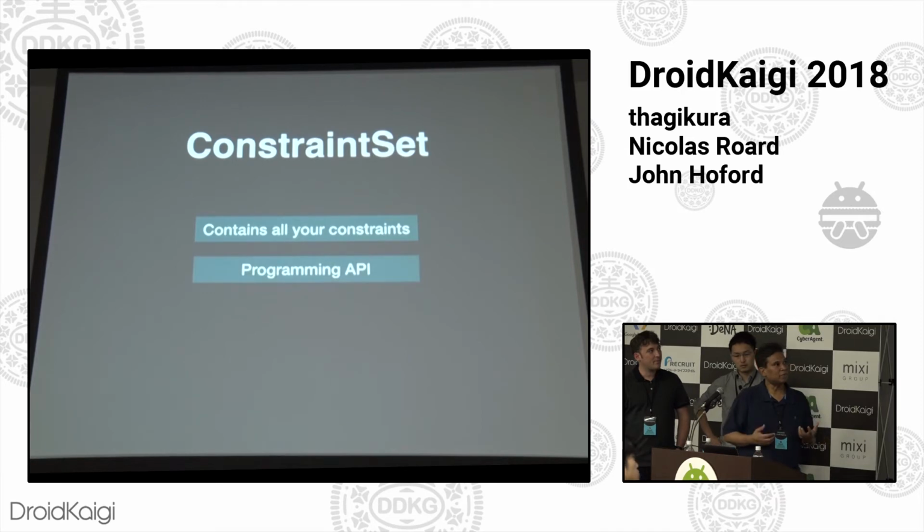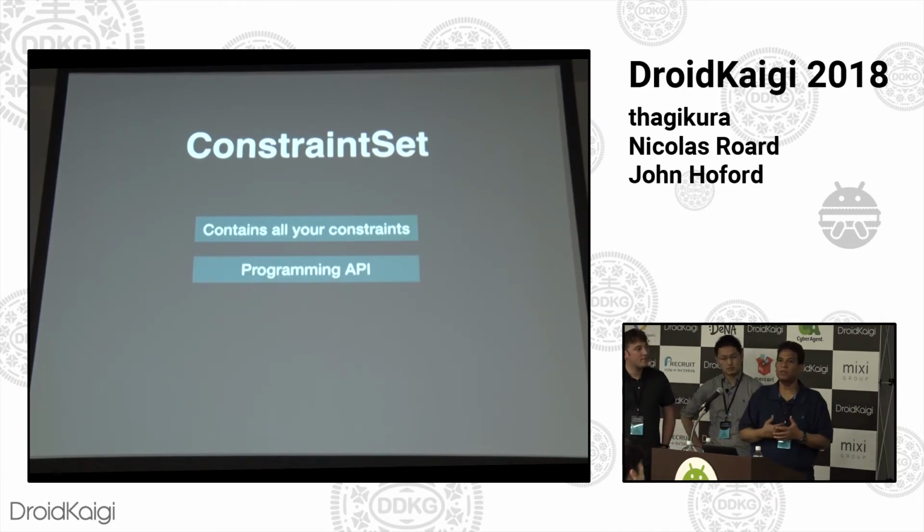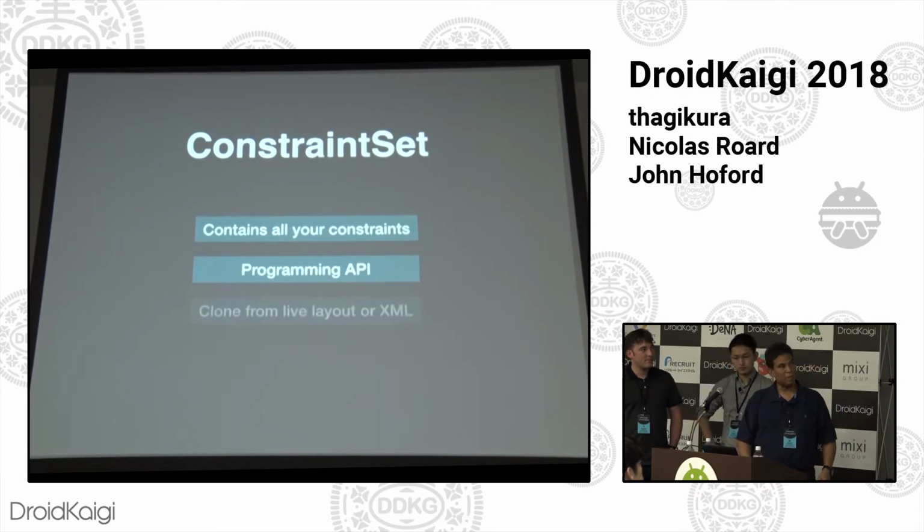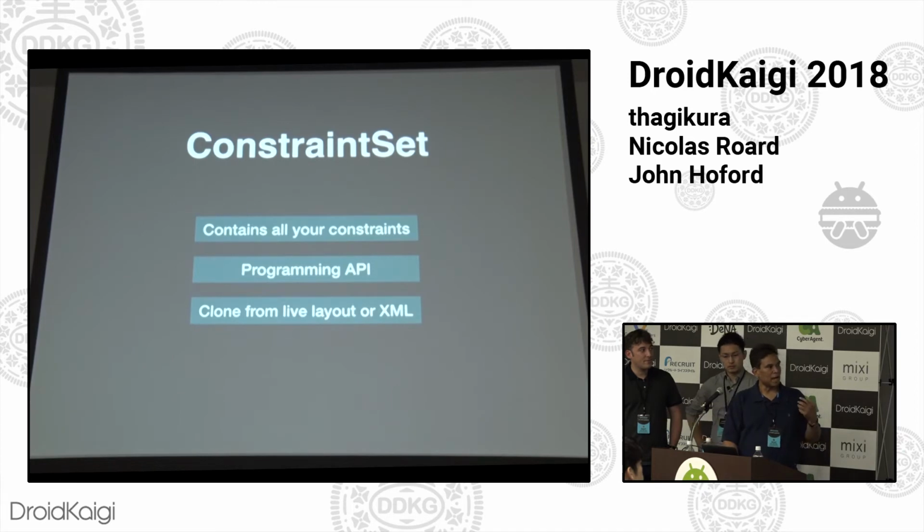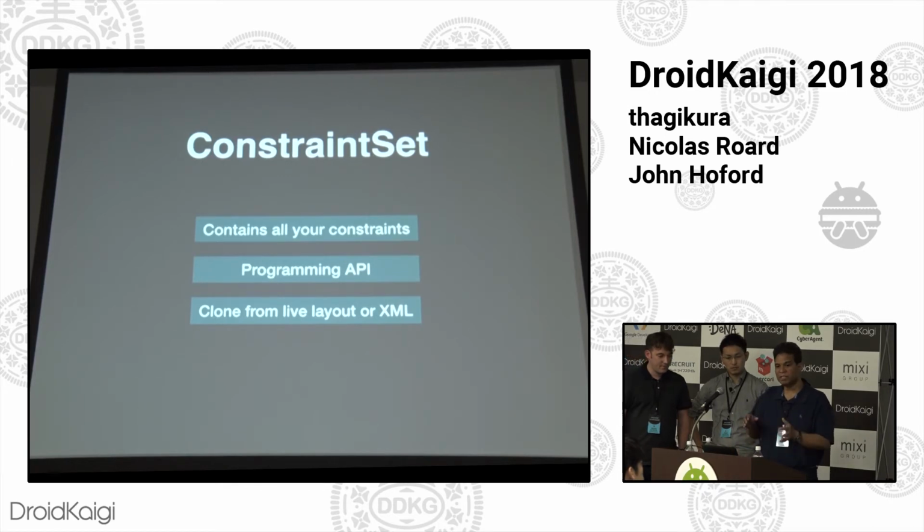It has a programming API that allows you to set constraints, get constraints, and modify the values in it. But it also has an XML form for constraint sets itself. So if you actually wanted to write it separately as an XML, you could.